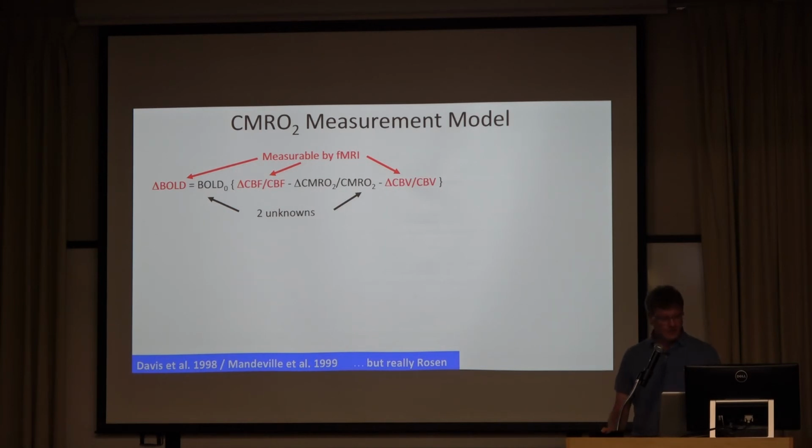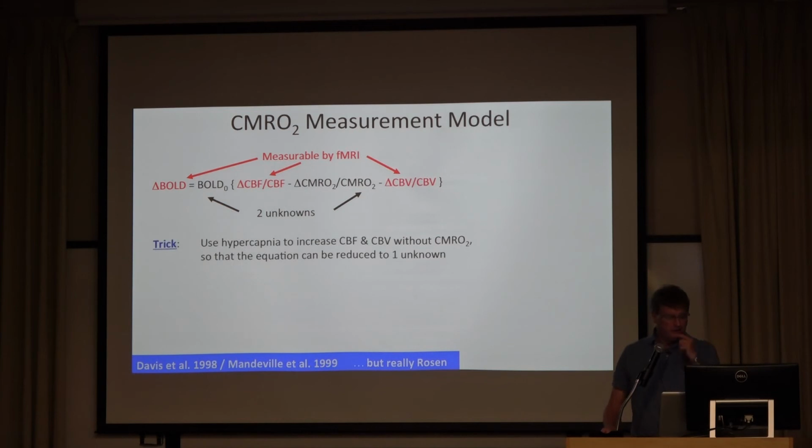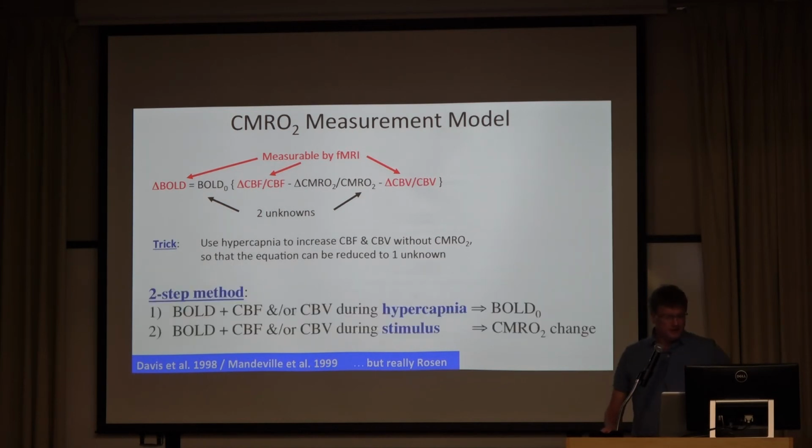And so he tasked Tim Davis and me to go on and do it, because in animal models we had the advantage of contrast agent, but in human models we had the advantage of humans. And it became a very simple method, whereby if you know something doesn't change CMRO2, and hopefully there's a series of assumptions here, but we're hoping that the CBF and CBV changes are representative of what's going on in the stimulus, right?